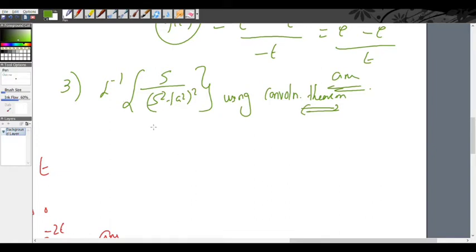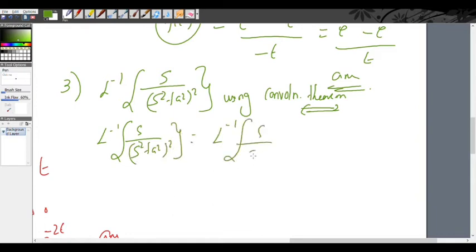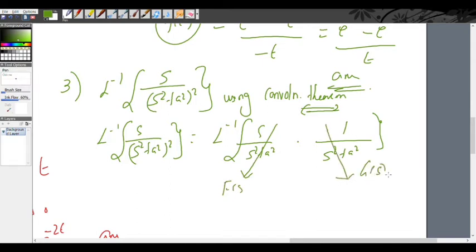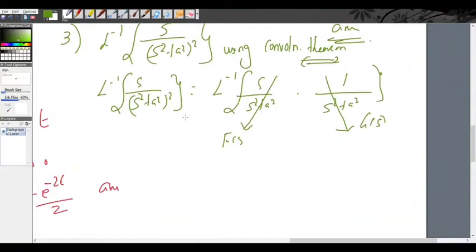Okay, let's try to do this. L inverse of s by (s square plus a square). This I can very well write as L inverse of s by (s square plus a square) into 1 by (s square plus a square), just separate. Now this one I call f of s, and this one I call g of s.